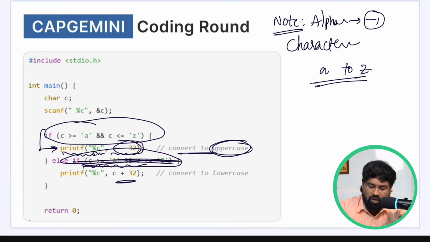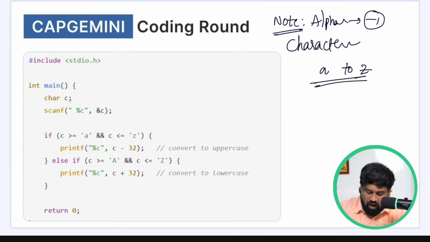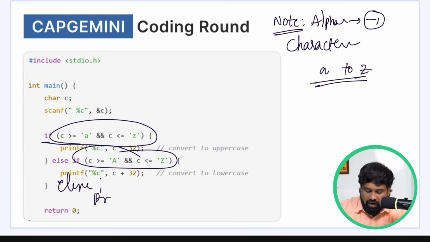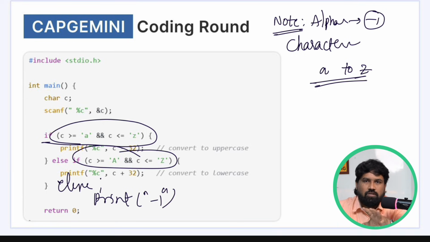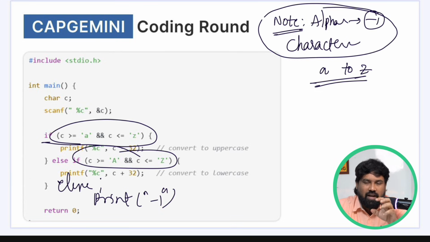If they say that, then you have to write this code like this, and in the last else part, if it is not in the category of small or capital, you simply print -1 every time. So it totally depends on how the question is asked and what kind of test cases they have given. If they have mentioned any note like this, please write the last else part also. If they haven't mentioned anything, you don't have to write any -1 related logic.